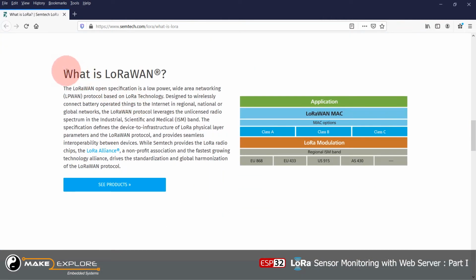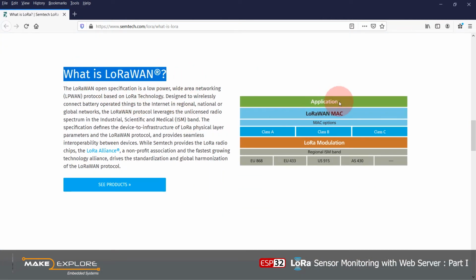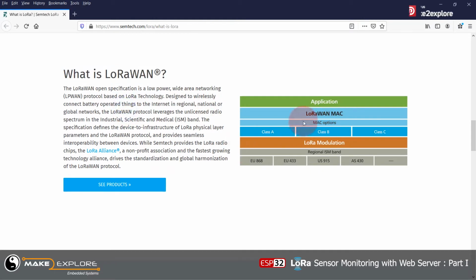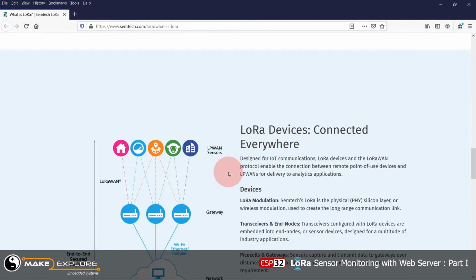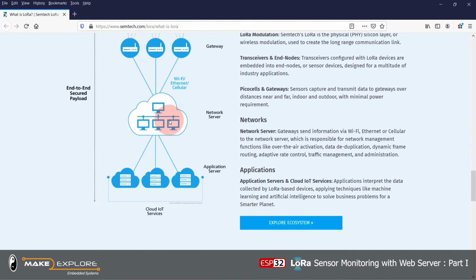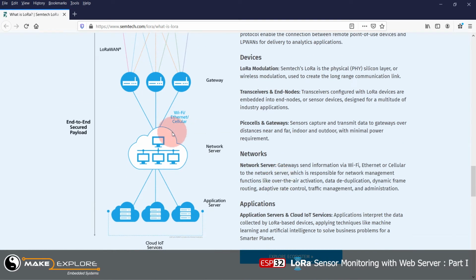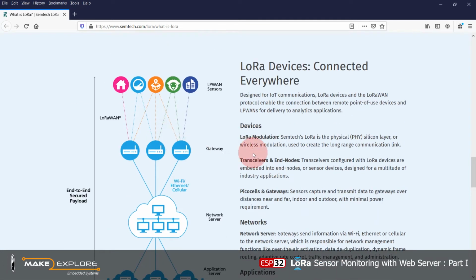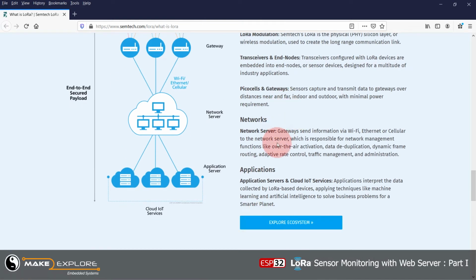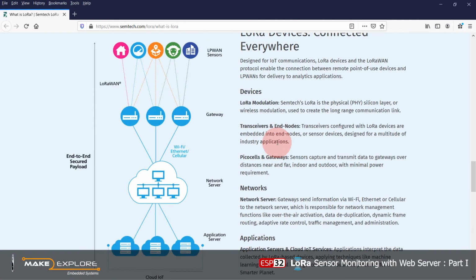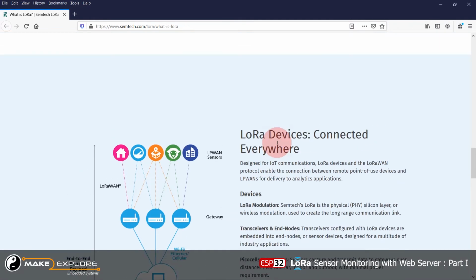You can find what LoRaWAN is, its protocol, and the structure or stack of LoRa. Then you can also see the ecosystem of LoRa, what topologies and what kinds of network server applications we can use with LoRa.